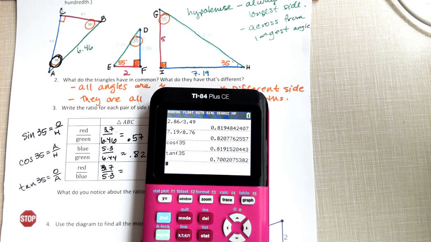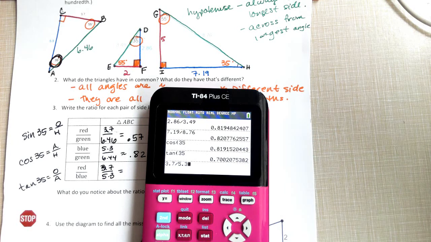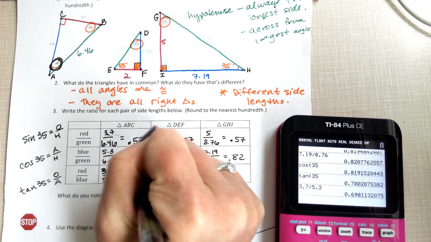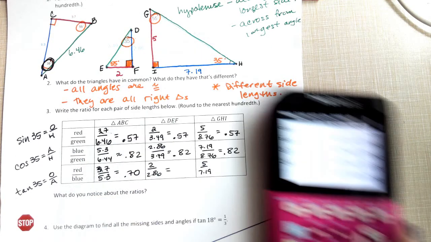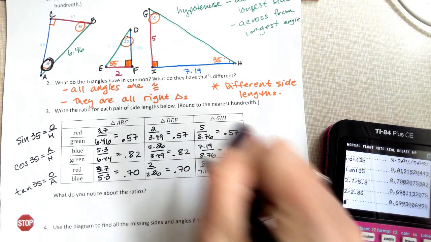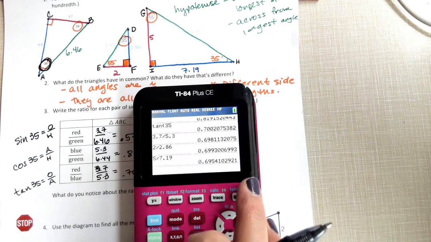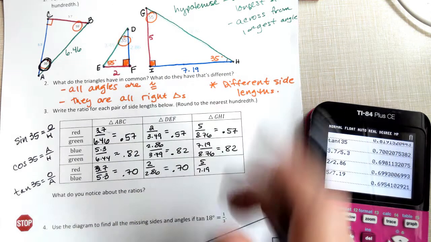If I hit 3.7 divided by 5.3, what am I going to get? 0.70, because that's what that ratio does. 2 divided by 2.86 is 0.70. It takes some rounding, but 5 divided by 7.19 is 0.70. The 5 bumps up, so it's like 0.6950, which bumps up to 0.70.